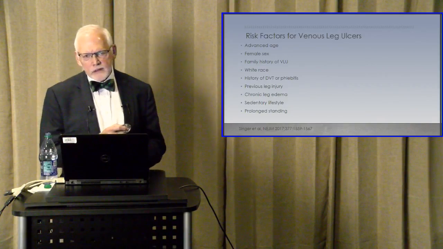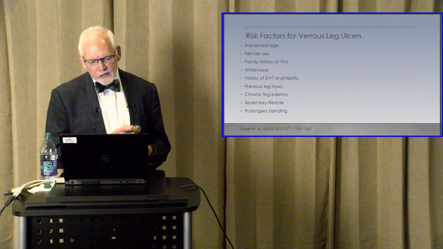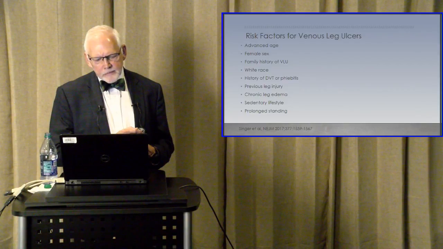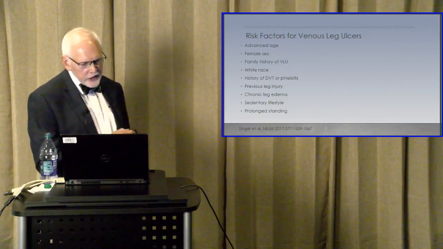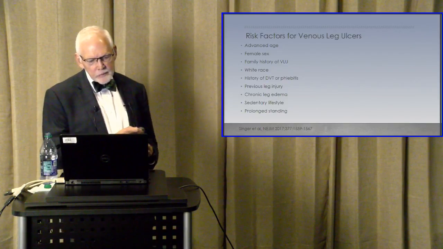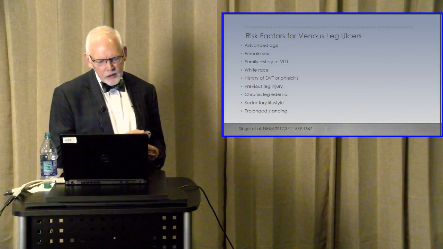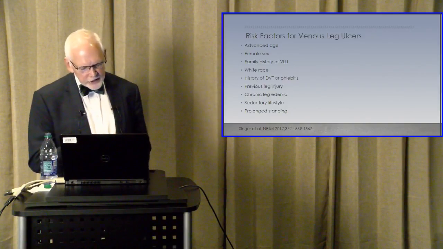He was a law enforcement officer, and he had all sorts of arterial and venous injury. So he is having trouble healing a leg ulcer now partly because of venous disease. So chronic leg edema is a common factor in venous leg ulcers.